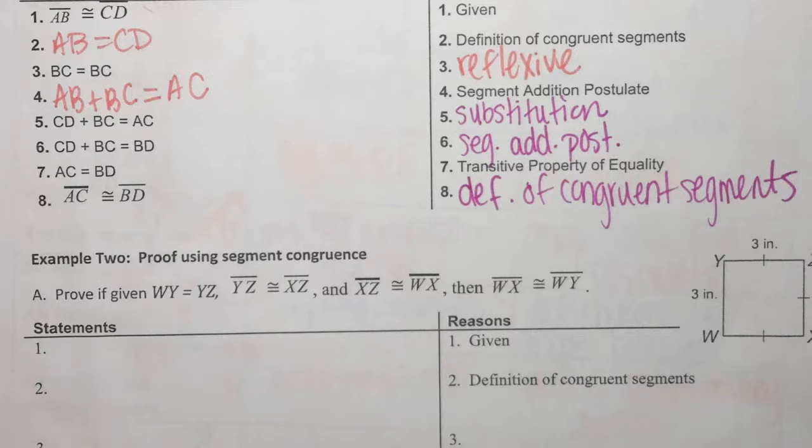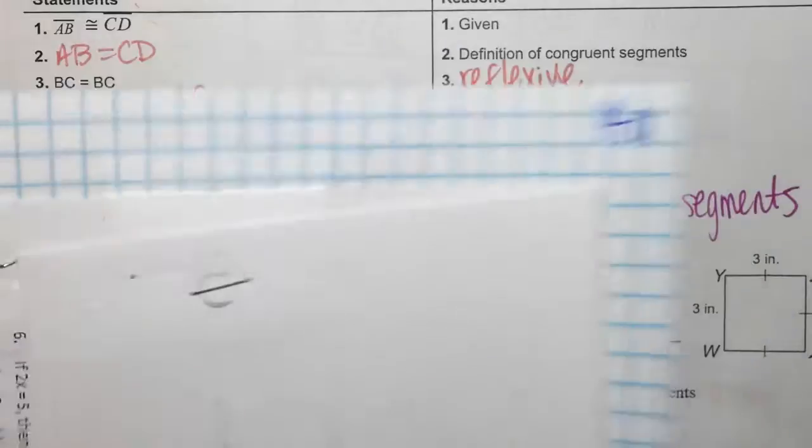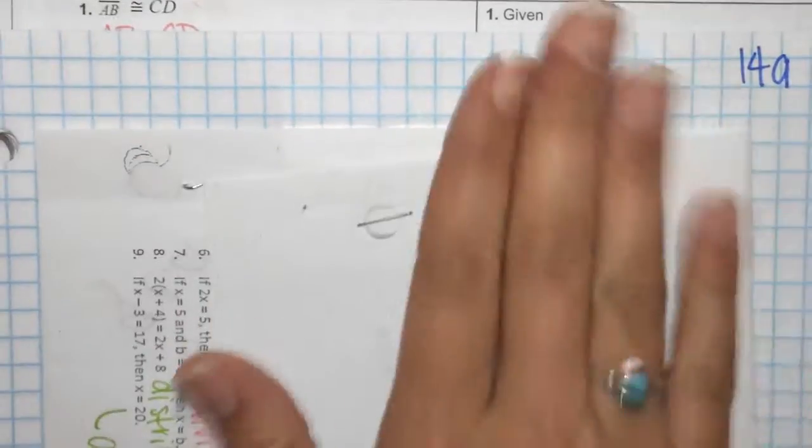Okay? Now, we're going to glue this into our notebook. Please go to page 14A in your notebook. Am I still talking? Yes. Alright, go to 14A. It looks like this.